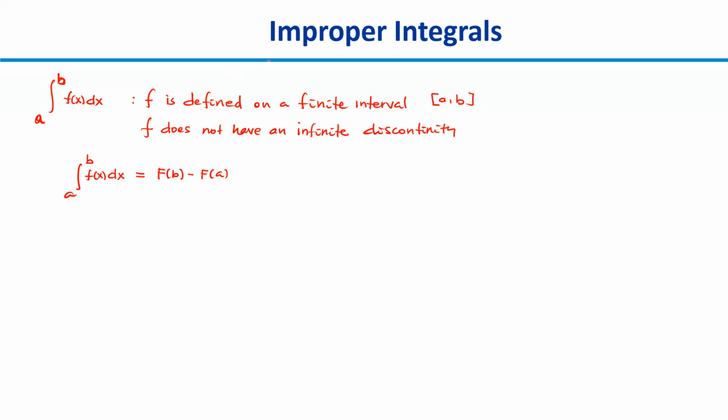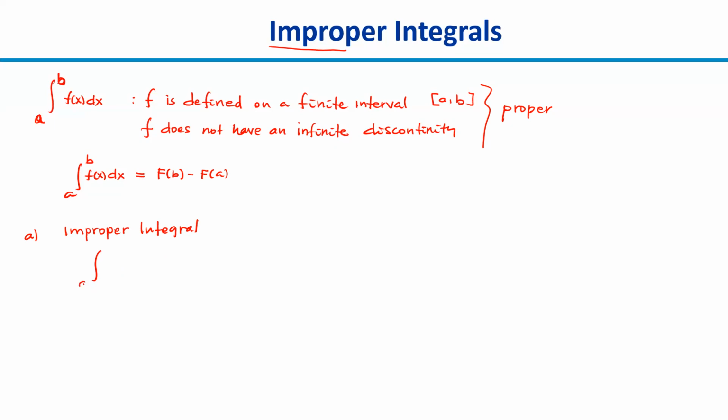Now, when we come to the improper integral, improper simply means not proper. That is proper; that's why it is called proper. Now we are going to extend the concept of the definite integral into the improper integral. So when we say improper integral, we can define the integration on an infinite interval.